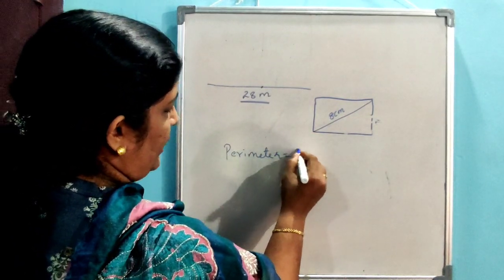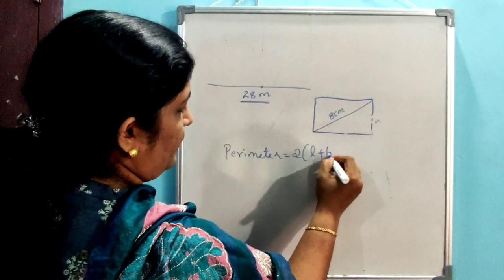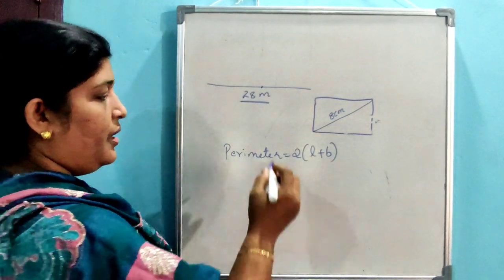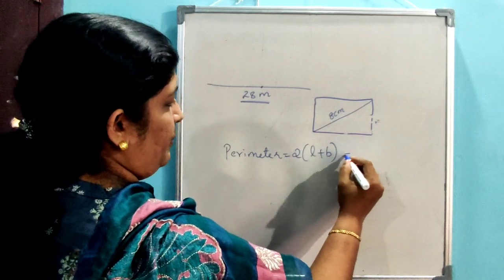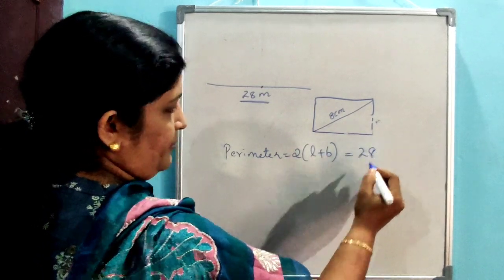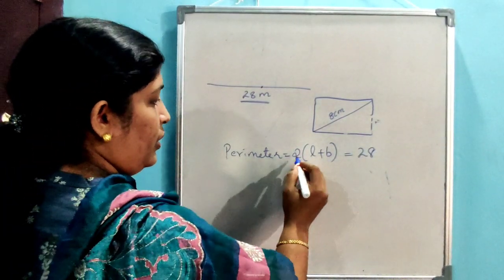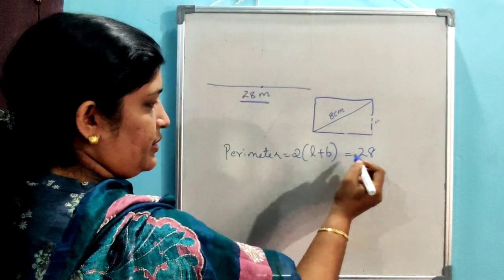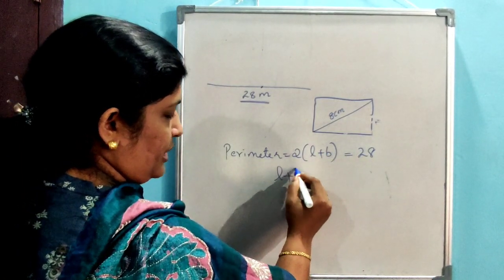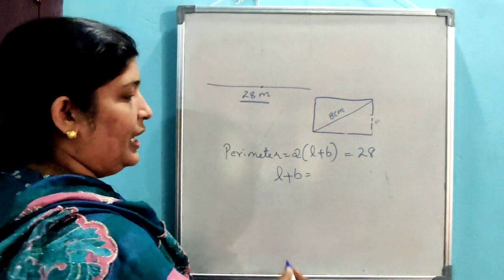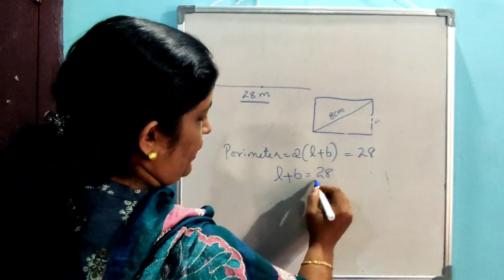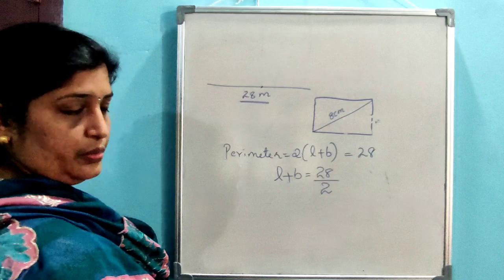Perimeter means 2 into (length plus breadth), and that is equal to 28. Then what is length plus breadth? Length plus breadth is equal to 28 divided by 2.